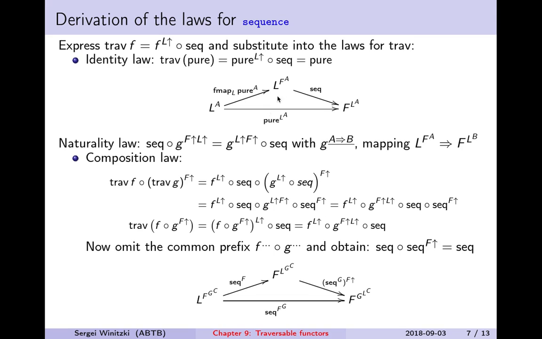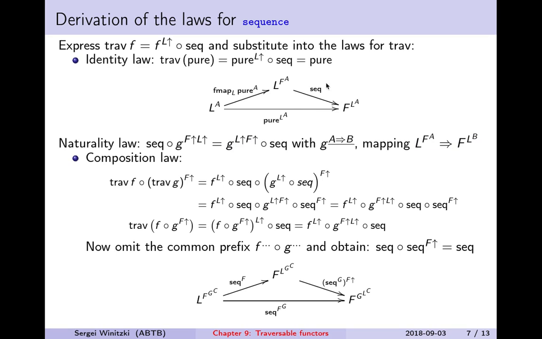Or we can first lift g twice in this order, so that instead of LFA we get LFB, and then we sequence on that. So that should be the same function. That's a naturality law.